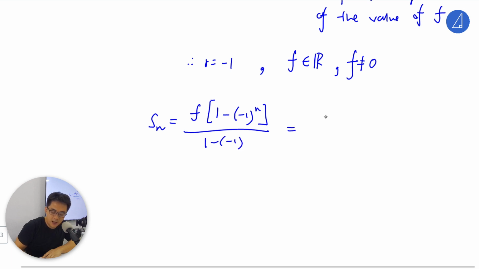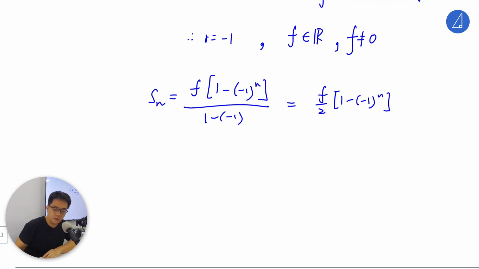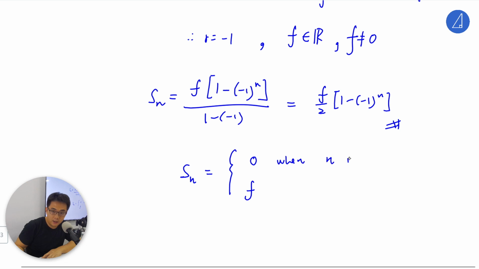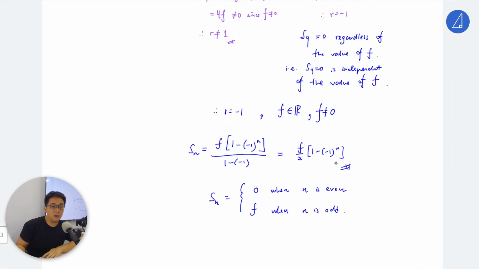So this will be f over 2 times that. In other words, you can write it this way because we know that it's either f or 0. So Sn is 0 when n is even, and f when n is odd. It is only these two cases. You can write it in terms of n, or you can write it in this form here. Piecewise or this way, it doesn't matter.